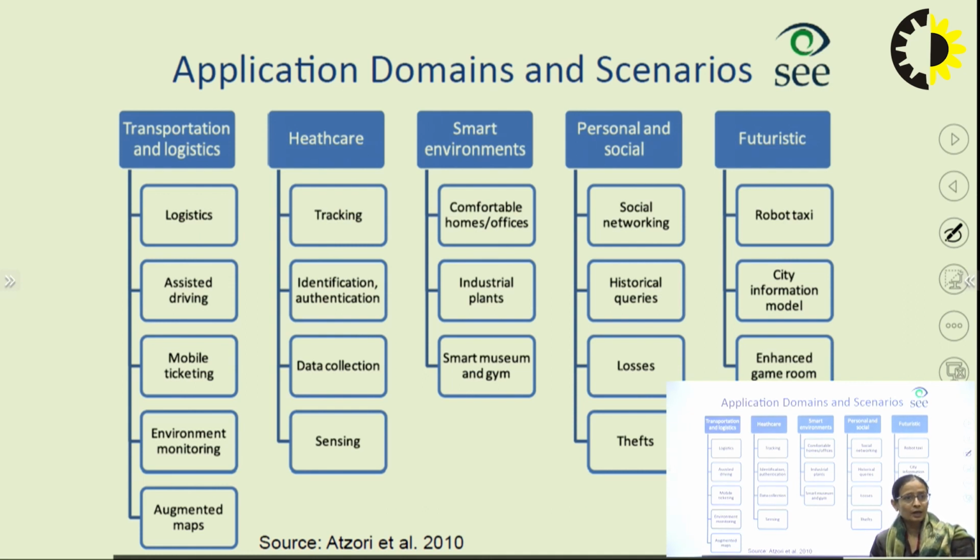In smart environments, we have smart homes, smart offices, smart industries, smart museums, smart gyms. So these are a few applications where we have smart IoT applications. In the personal and social care, we could have social networking, historical queries, losses, thefts, etc. In the futuristic, we could have robot taxis, city information models, and enhanced game rooms.